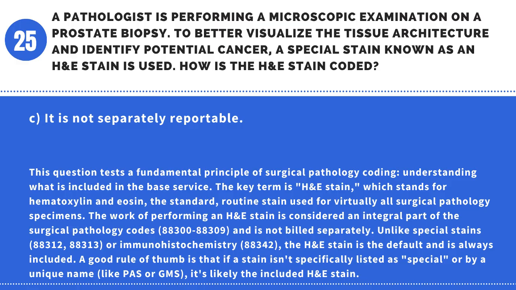Unlike special stains, 88312, 88313, or immunohistochemistry, 88342, the H&E stain is the default and is always included. A good rule of thumb is that if a stain isn't specifically listed as special or by a unique name, like PAS or GMS, it's likely the included H&E stain.